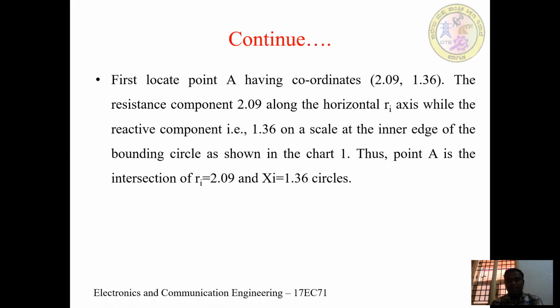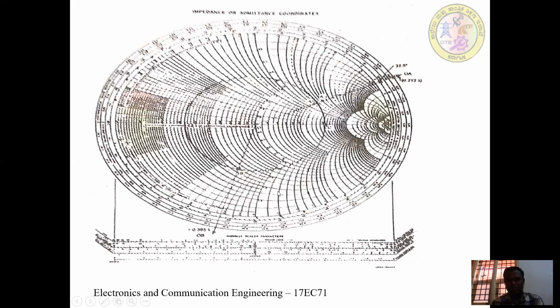First locate point A having the coordinates 2.09 and 1.36. For this, the resistance component is 2.09 along the horizontal axis, while the reactive component, 1.36, is on a scale at the inner edge of the bounding circle as shown in the chart. Thus point A is the intersection of R equal to 2.09 and X equal to 1.36. You can see that it comes here.